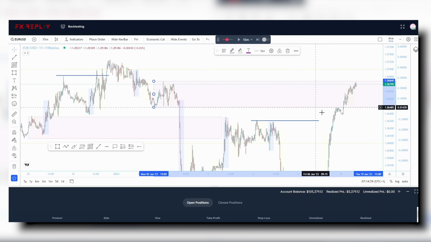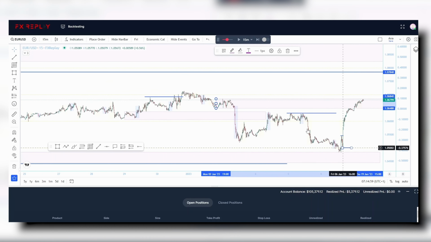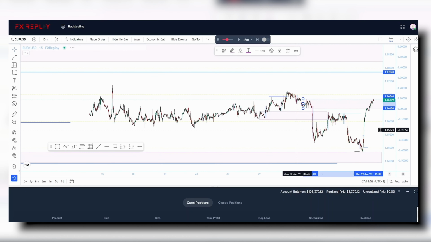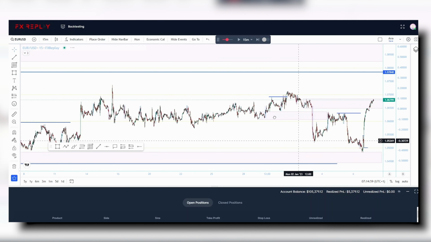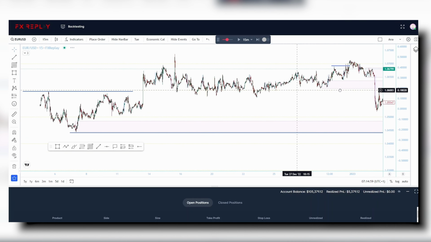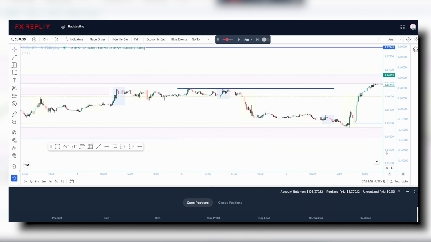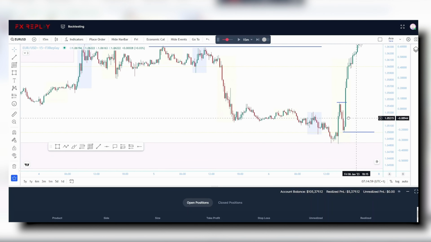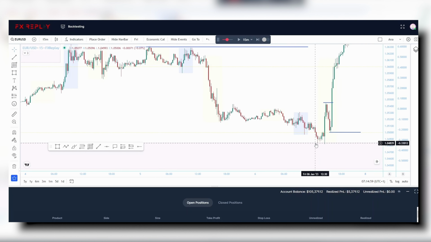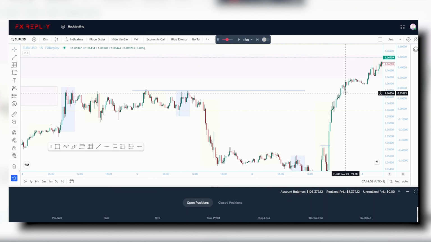That's why, for example, if you're a swing trader, if you caught this entry here, when price tapped into this point of interest, of course it was during news, so it would have been tricky, but if you caught this entry, you could just keep and trail your stop all the way up.